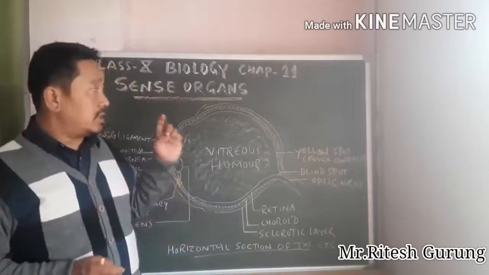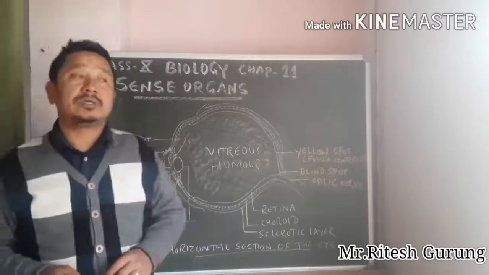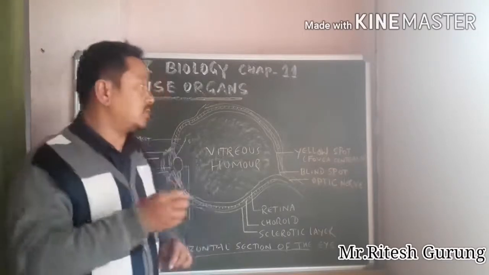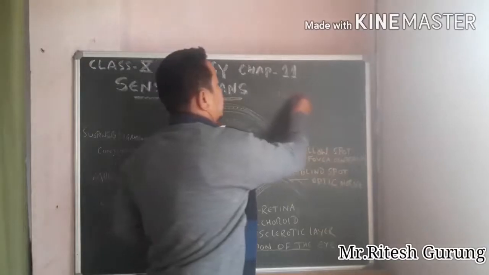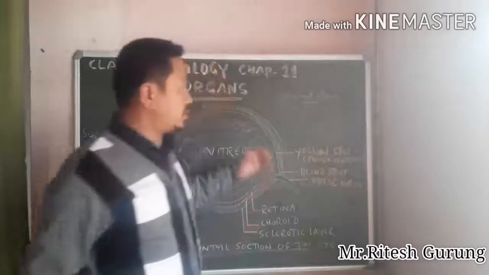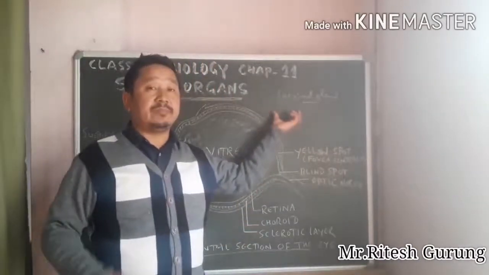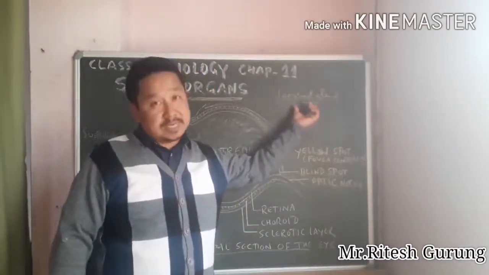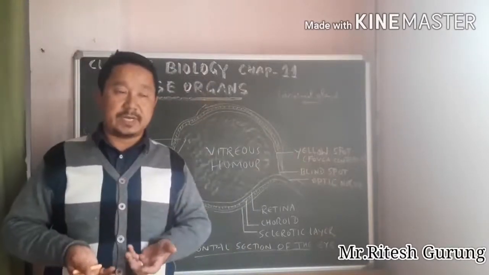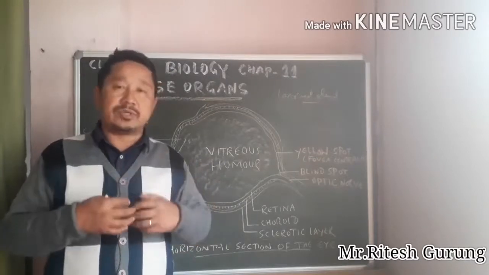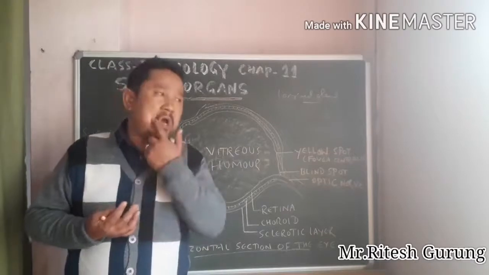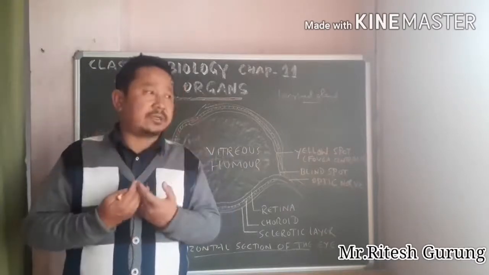Then another term given in the book is the tear gland, which is also called the lacrimal gland, which is responsible for secreting tears. Tears wash out the unwanted particles if they enter the eyes.